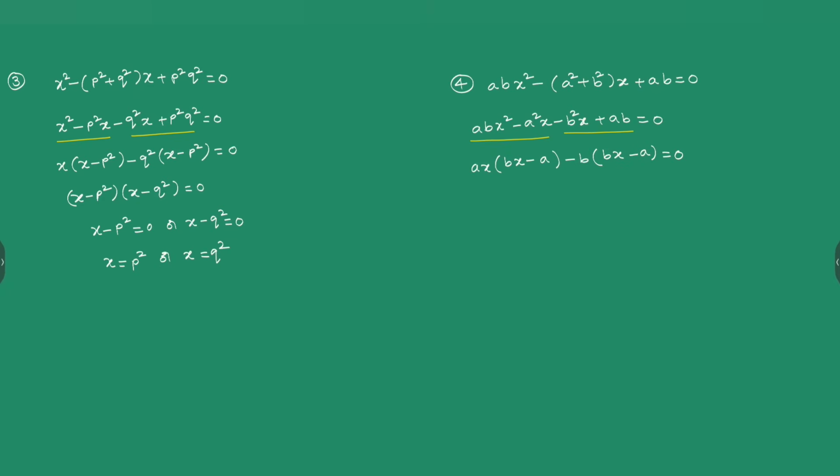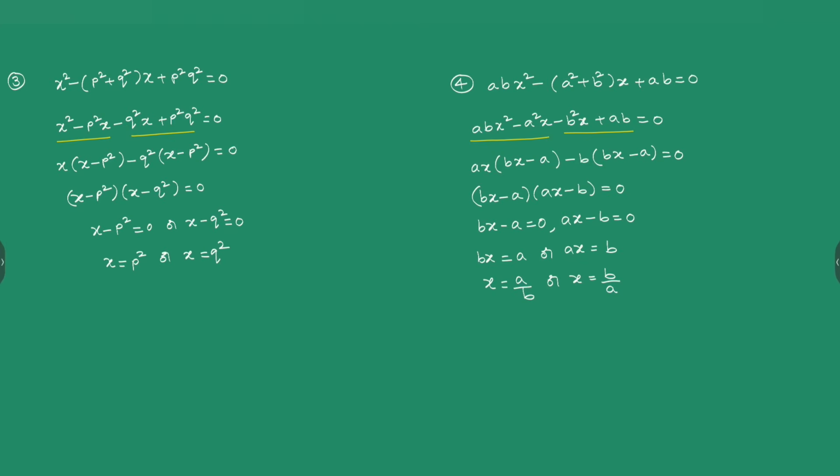So bx minus a is common again: bx minus a into ax minus b is equal to 0. So one time bx minus a is equal to 0, or ax minus b is equal to 0. So bx is equal to a or ax is equal to b, x is equal to a by b or x is equal to b by a. This is also a simple one.